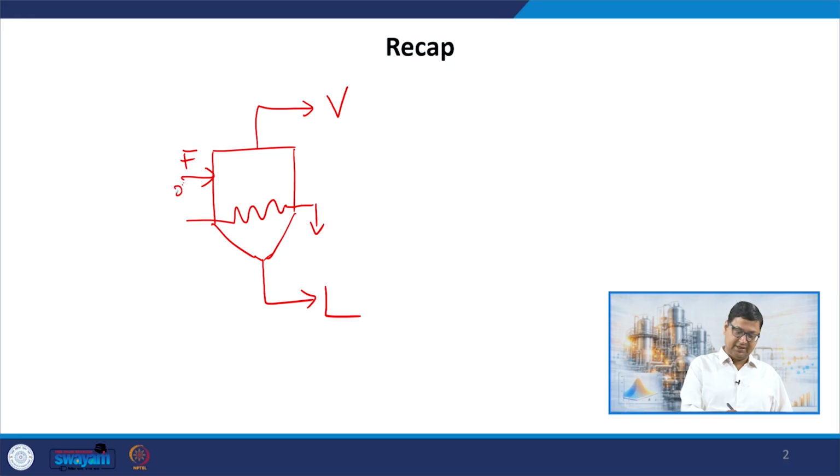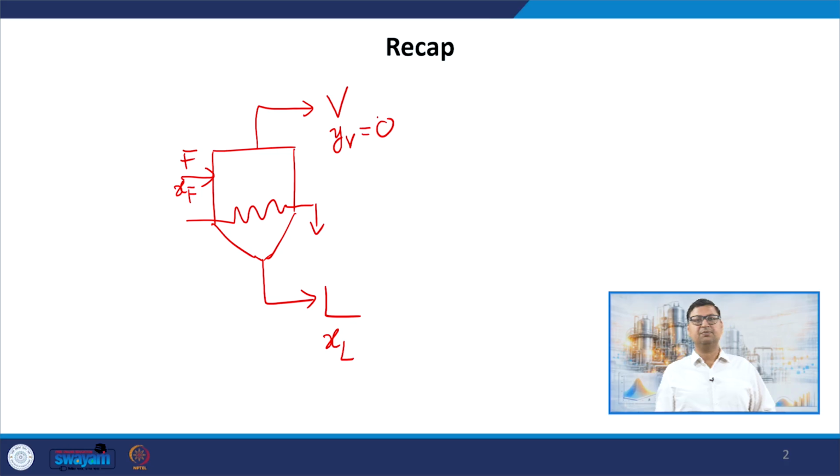The feed contains some solute mass fraction XF and the liquid in the end contains some higher mass fraction XL, and we assume that the vapor does not contain solute. It is a completely non-volatile solute, and this heating is done by saturated steam available at a temperature Ts and some pressure Ps, and that is condensing inside. So whatever is going out is also this, right?